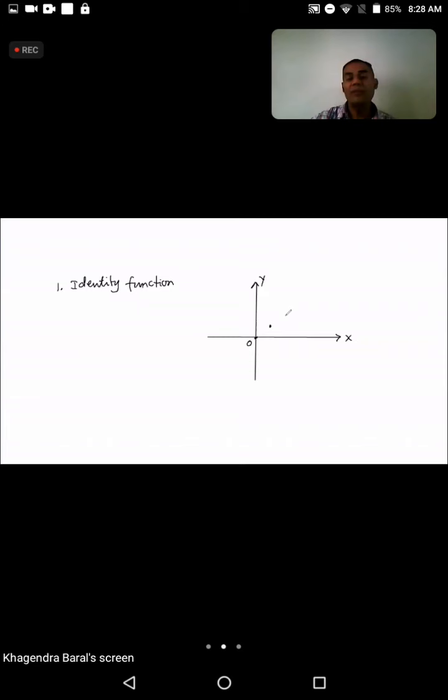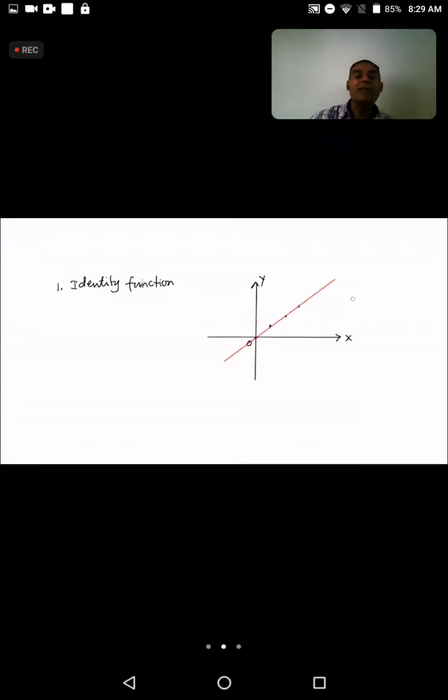You draw a line passing through these points, and we get a graph like this. It is the graph of an identity function.